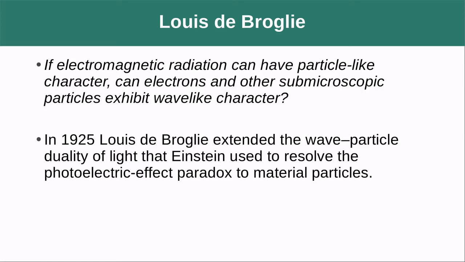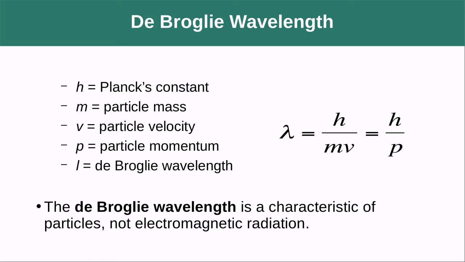In 1925, Louis de Broglie extended the wave-particle duality of light that Einstein used to solve the photoelectric effect paradox to material particles. And he did that by defining something called the de Broglie wavelength, which is described mathematically here.